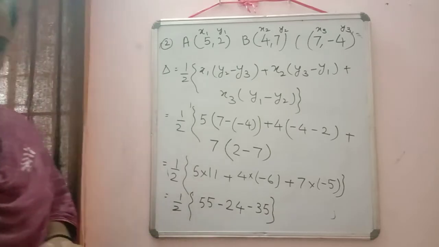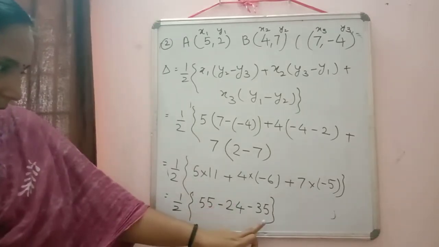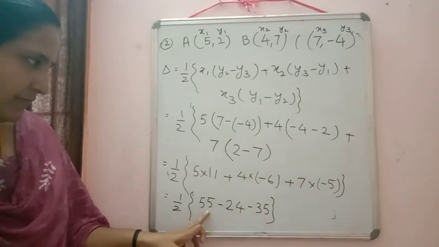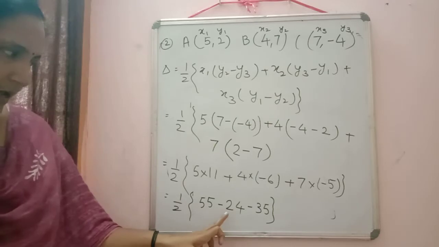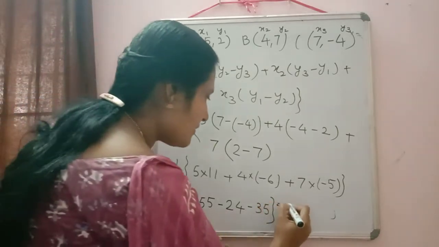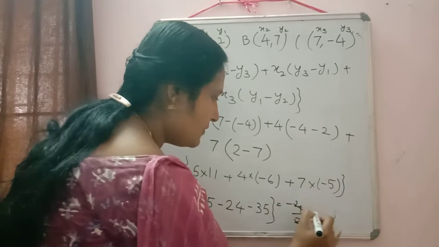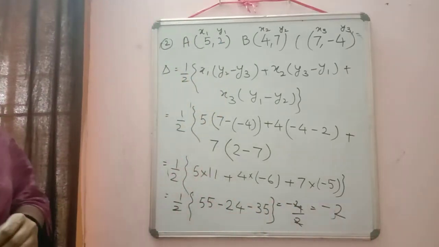Now we can check how we can do the subtraction there. 55 minus 35 will be equal to 20. And 20 minus 24 will come there, minus 4. Minus 4 by 2 will be equal to minus 2. What are we getting? A negative answer there.